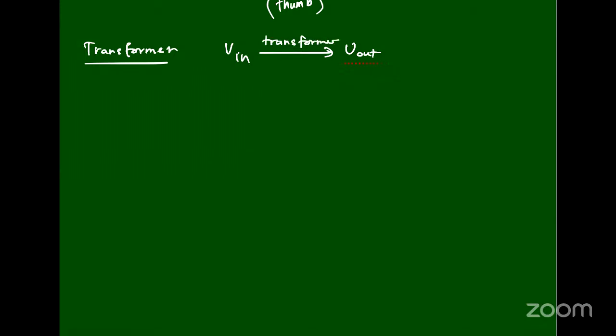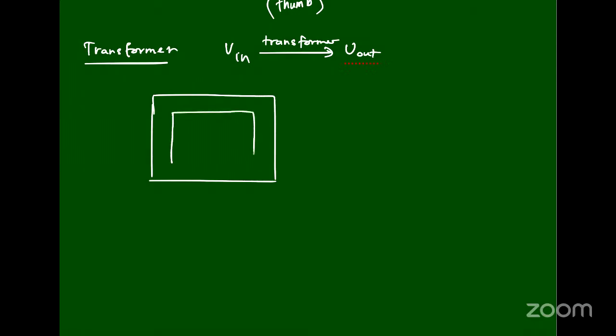So here in a transformer, we have a soft iron core like this. We'll take the alternating current. This is my alternating supply, and it is attached to wires, and this section is wrapped like this.